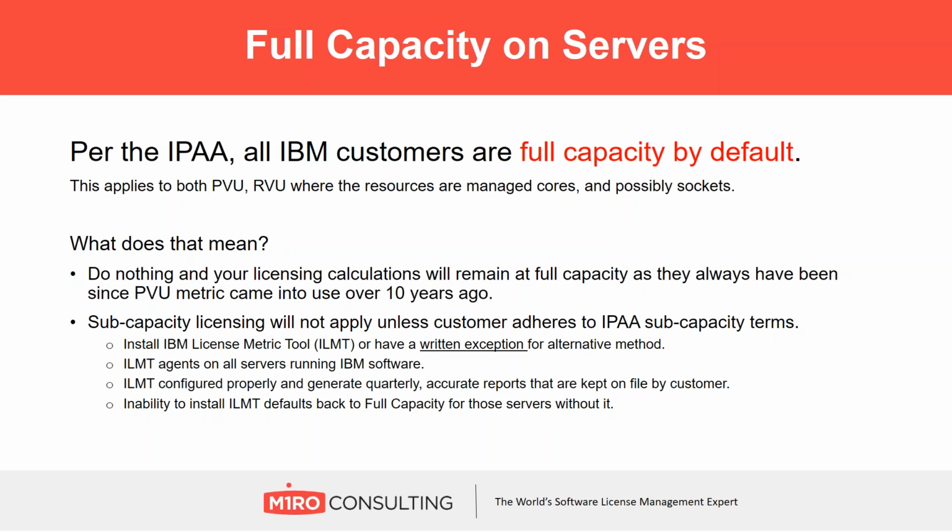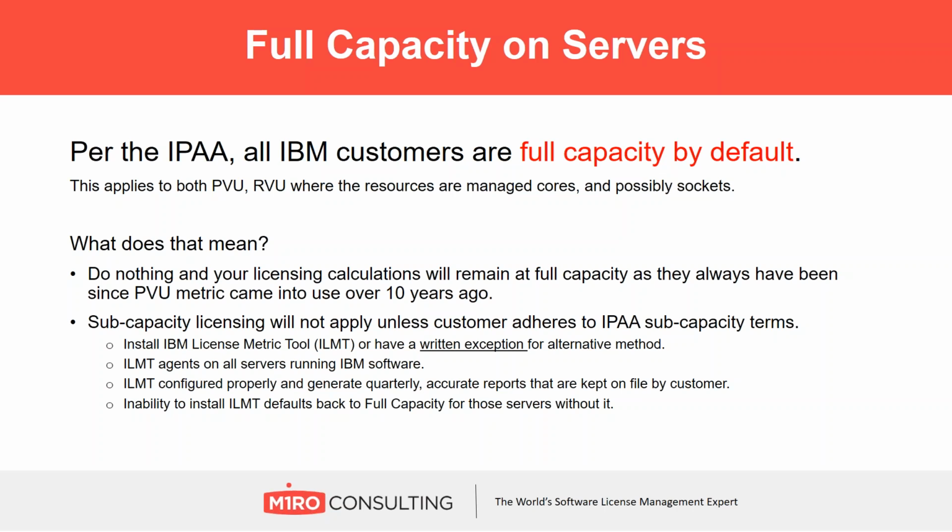Or let's say you haven't installed all the agents, they'll do a partial and make those servers full capacity for counting them. And you could use lots of excuses with ILMT to say, oh, it's too hard to use, it's too time consuming, I don't have the resources, I have a firewall, I fear it phoning home to IBM, and it has to talk to IBM just to get the license definitions.